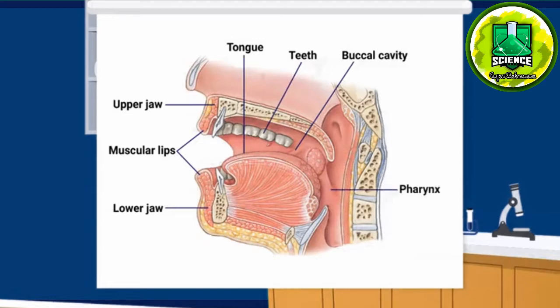When rice or bread is chewed for some time, starch is digested into maltose. As maltose is sweet, we sense a sweet taste.